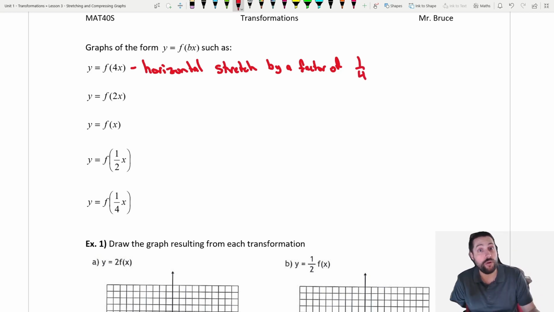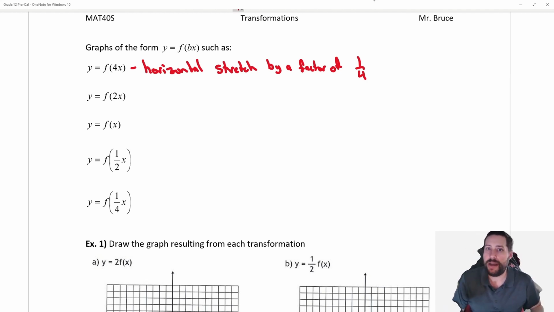That's the reciprocal. We said earlier that the stretch factor is the reciprocal of b. You could also say it's a compression by a factor of 4. So either a horizontal stretch by a factor of 1/4, which is the reciprocal of b, or a horizontal compression by a factor of 4. It means the same thing.